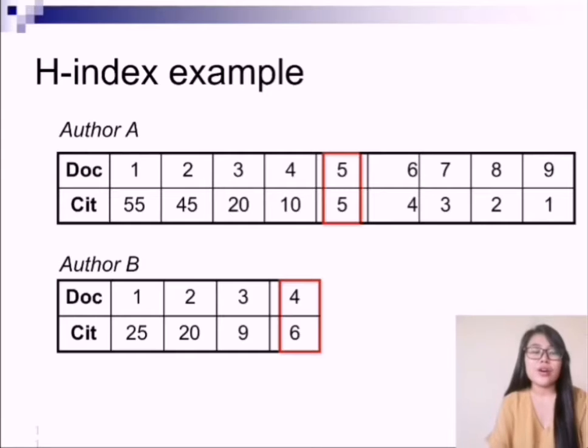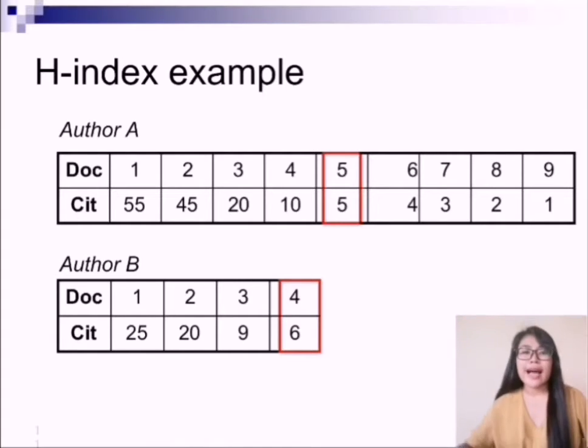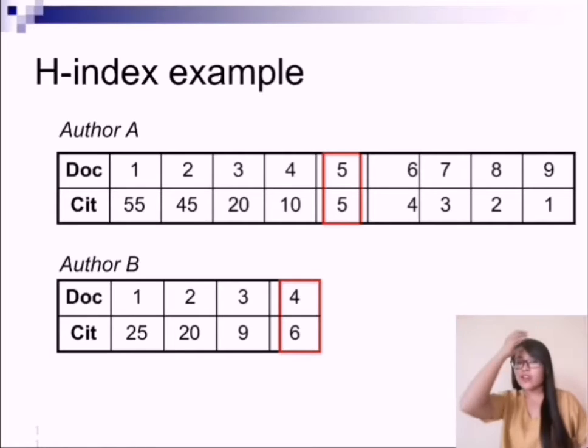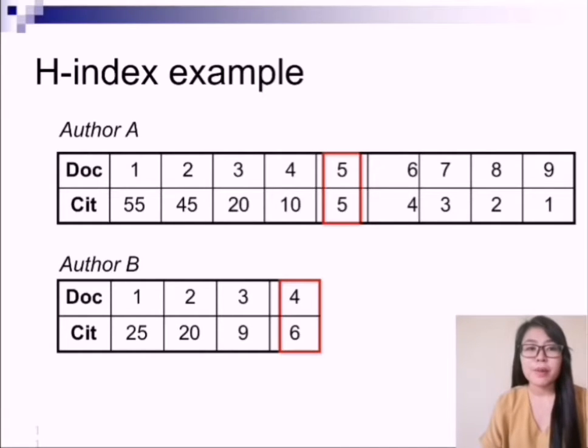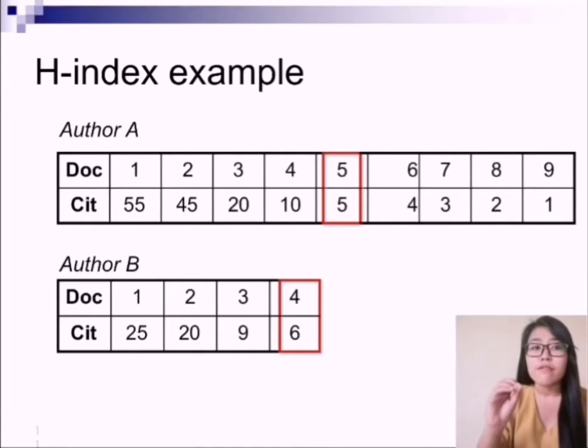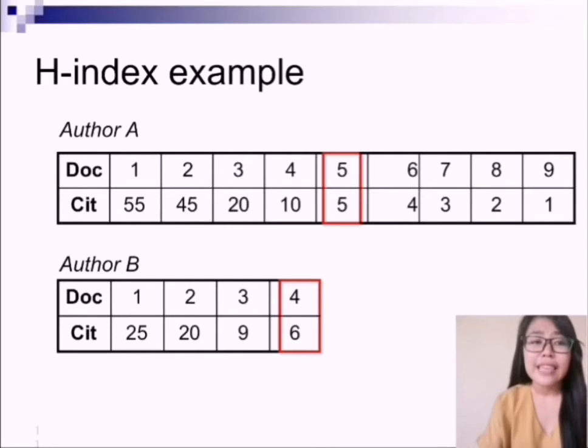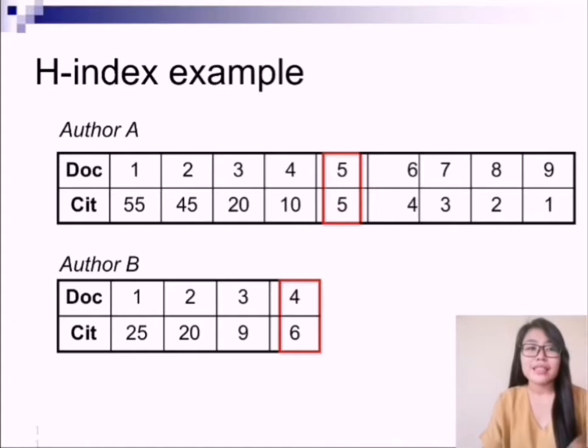Now, let's take a look at this one. Paper 1 has 55 citations, so it is higher than the number of published papers. Same with 2, 3, 4, 5. Whereas for 6, it is lower, it did not meet, it is less than.